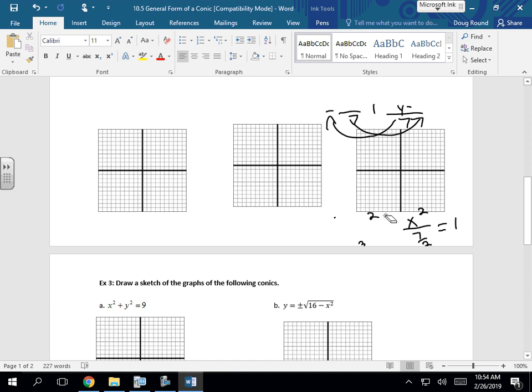And then I'd like you to maybe make a guess on each of the next two, and then try it on Desmos and see if you're right. Just make a guess and then try it on Desmos and see.